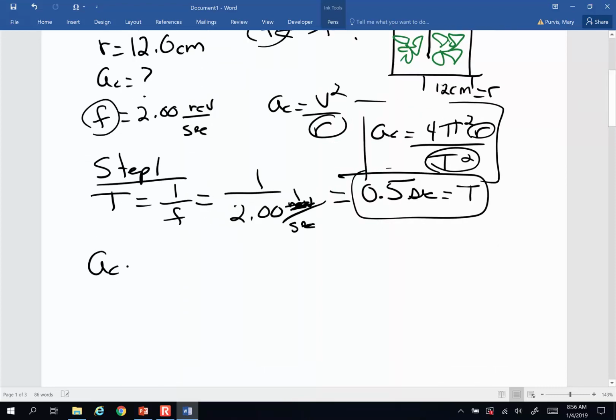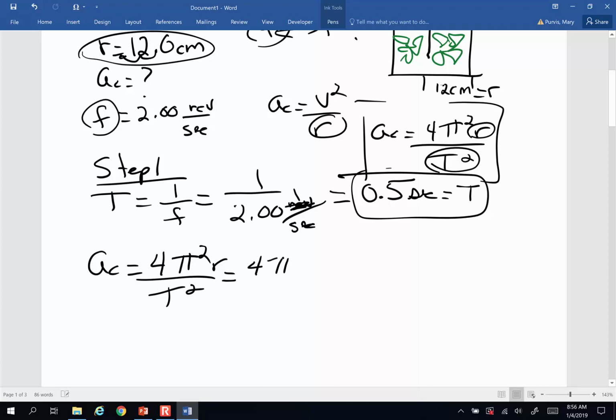So centripetal acceleration is 4 pi squared r over T squared. My radius is 12 centimeters, and you know we can't mix centimeters with everything else, so I'm going to have to convert, move my decimal 2 places. So I'm going to have 4 pi squared times 0.12 meters over the period, 0.5, squared.